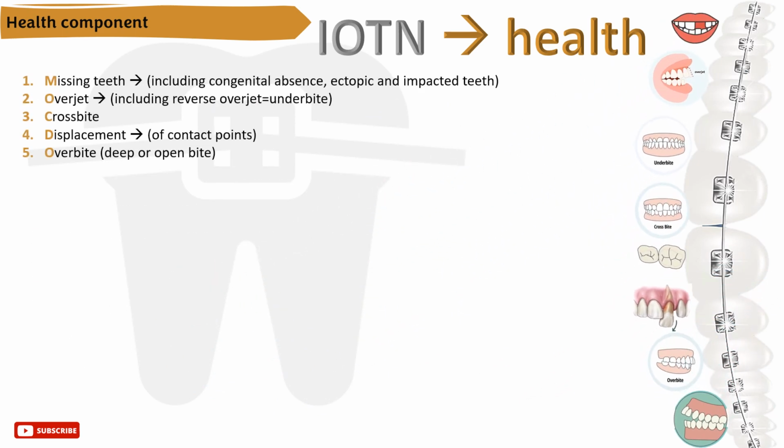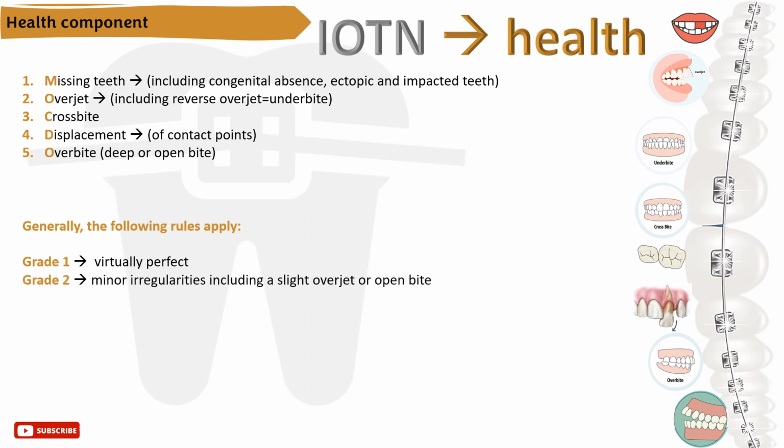Now to the grades of the index that tells you the need for orthodontic treatment according to the severity of the case. Grade 1 means that the teeth are virtually perfect. Grade 2 means that there is minor irregularities including a slight overjet or open bite. Grade 3 means that there is greater irregularities, a greater overjet, open or deep bites, and bigger teeth displacement.